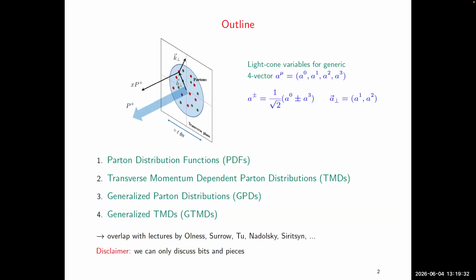Transverse momentum dependent parton distributions, or TMDs, contain information about x and k perp. Generalized parton distributions contain information about x and b perp. And finally, the most general objects, generalized TMDs, or GTMDs for short, contain information about x, k perp, and b perp. Don't forget this. This is the big picture.